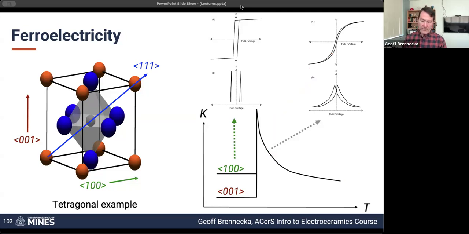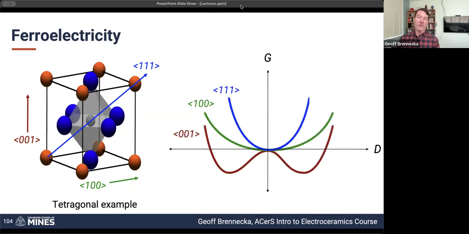The other aspect we need to consider for the crystallography of these tetragonal unit cells is the relative permittivity along each of these directions. If this ion is a little bit displaced along 001, so it's sitting right here, displacing it further takes a lot of energy.